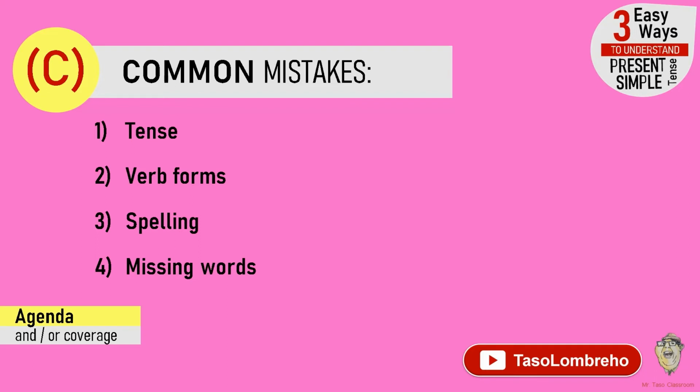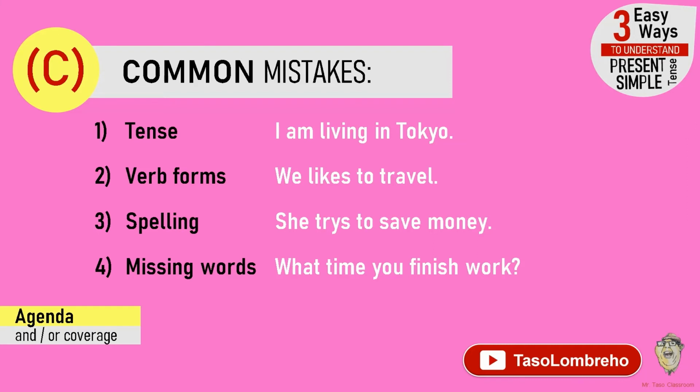And the fourth is missing words. These are examples of each case. I'm living in Tokyo. We likes to travel. She trys to save money. What time you finish work? Each sentence is incorrect in some way.